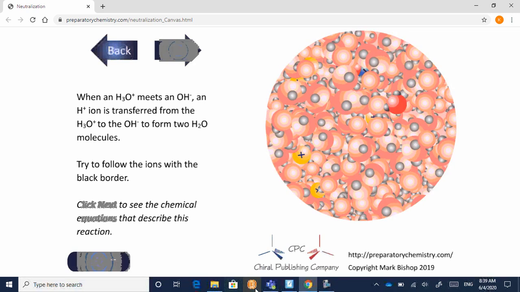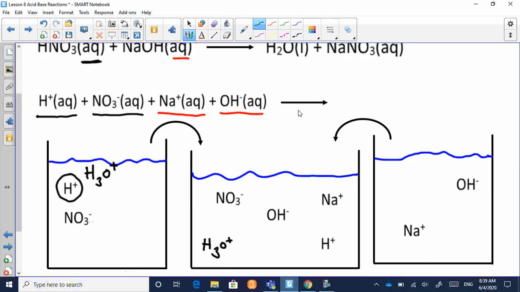Okay, so let me go back here. Every so often you will get a hydroxide and a hydronium combining. They will hit, and the resulting reaction will produce two H2O molecules.